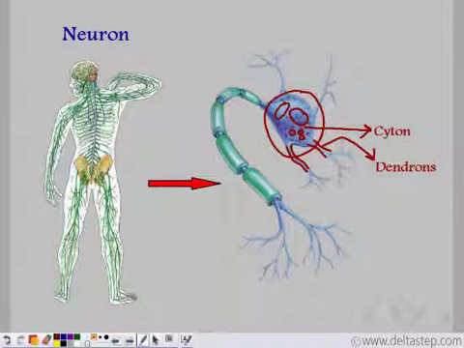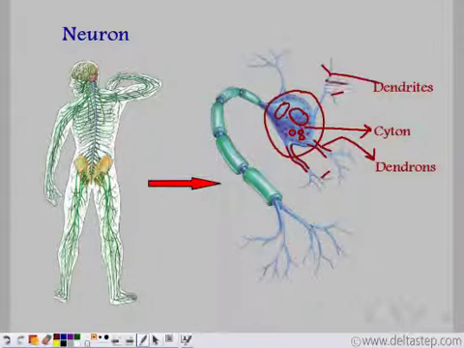Now further smaller processes come off from the dendrons. See, these are the smaller processes coming out from the dendrons. And these smaller processes are known as the dendrites. So these are the dendrites that are coming off from the dendron.